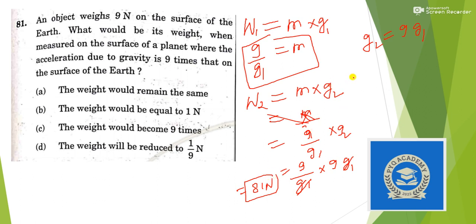So w1 is 9 Newton and w2 is 81 Newton, so it is 9 times w1. So would the weight remain the same? No, this is wrong. Would the weight be equal to 1 Newton? No. The weight would become 9 times? Yes, this is our answer. Let's move to the next question.